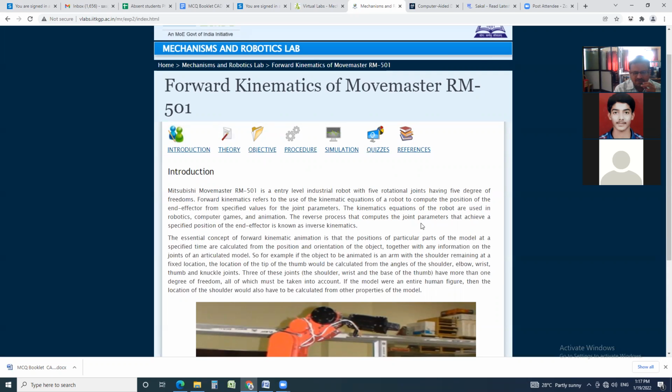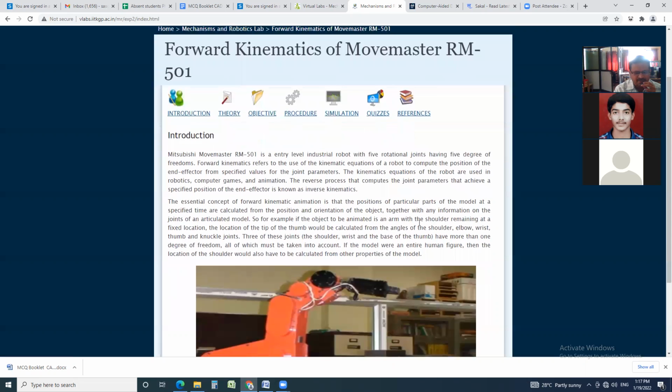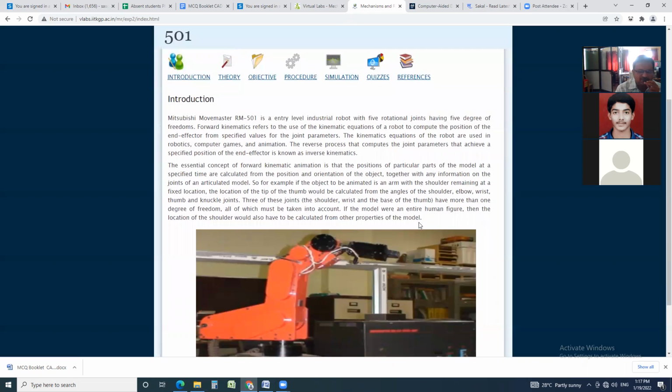The reverse process that computes the joint parameters that achieve a specified position of the end effector is known as inverse kinematics.